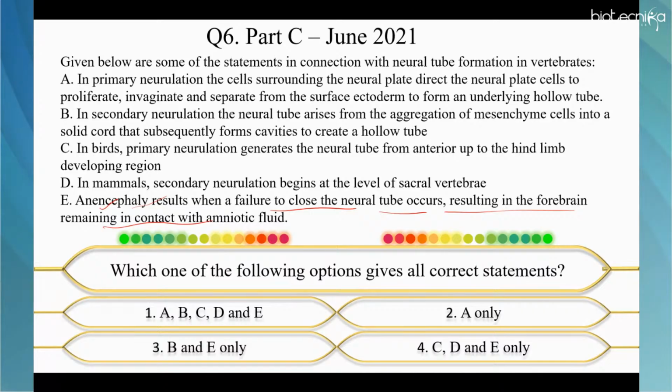Yes, any guesses? Anyone? Has anyone studied neurulation? Have you prepared it for your exam? No? Okay, no problem, Priyanka.